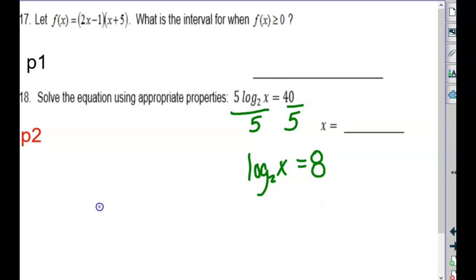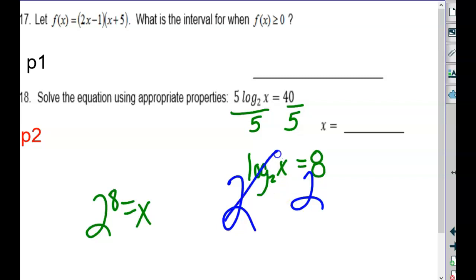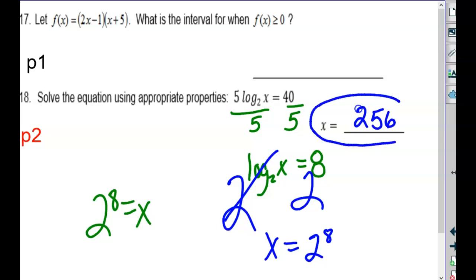Yes, I would rewrite it as 2 to the 8th equals x, but you can also do the big old 2 here and 2 here. These undo each other and you just get x equals 2 to the 8th. I don't know what that is. Thank you. Any questions on that one? I don't think that one requires an explanation.